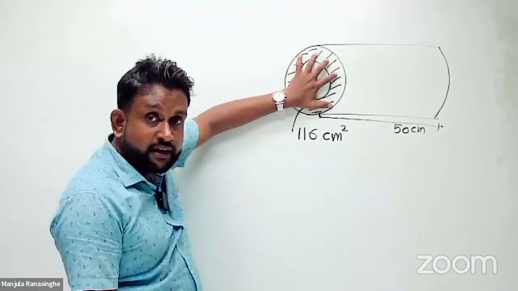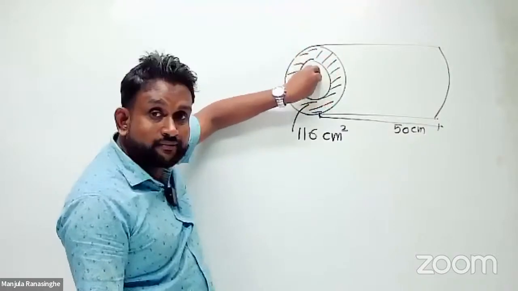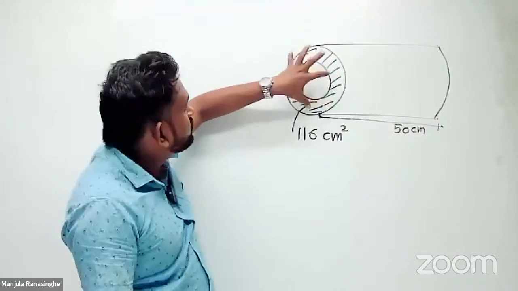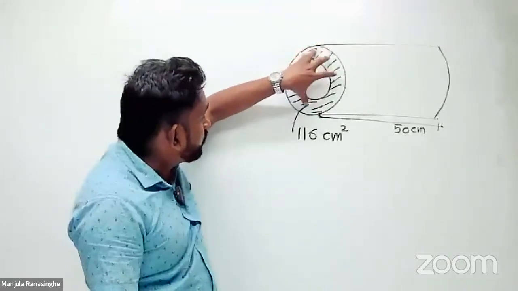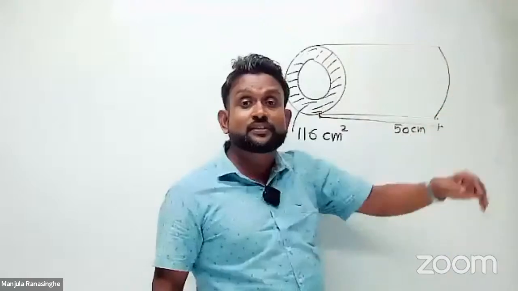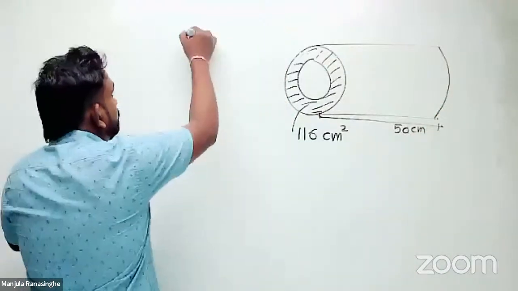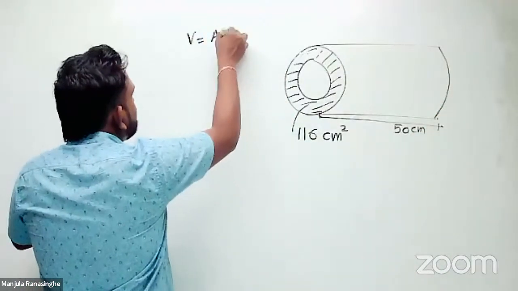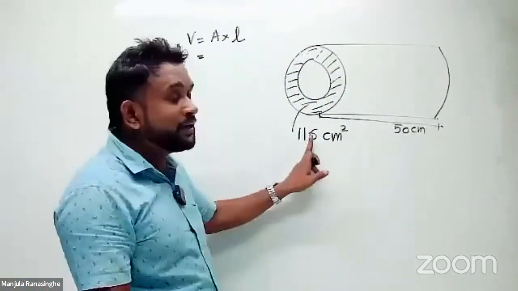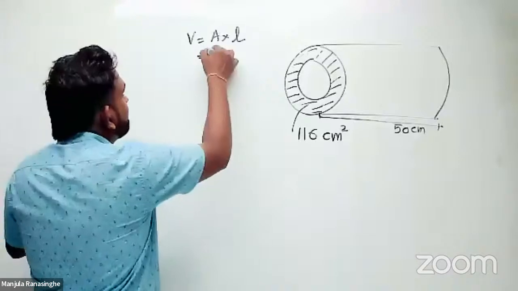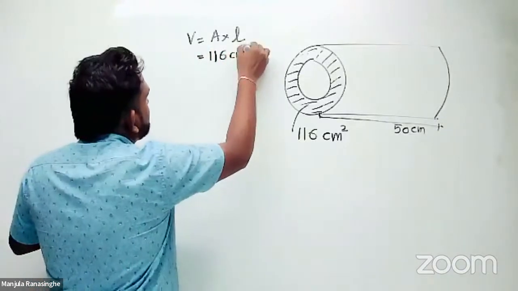That is a circular part, but some parts have been taken out. The cross section consists of the shaded area. So the cross section into the length is the volume of that solid. So volume equals the cross sectional area into the length. What is the cross sectional area? That is 116 square centimeter into the length.